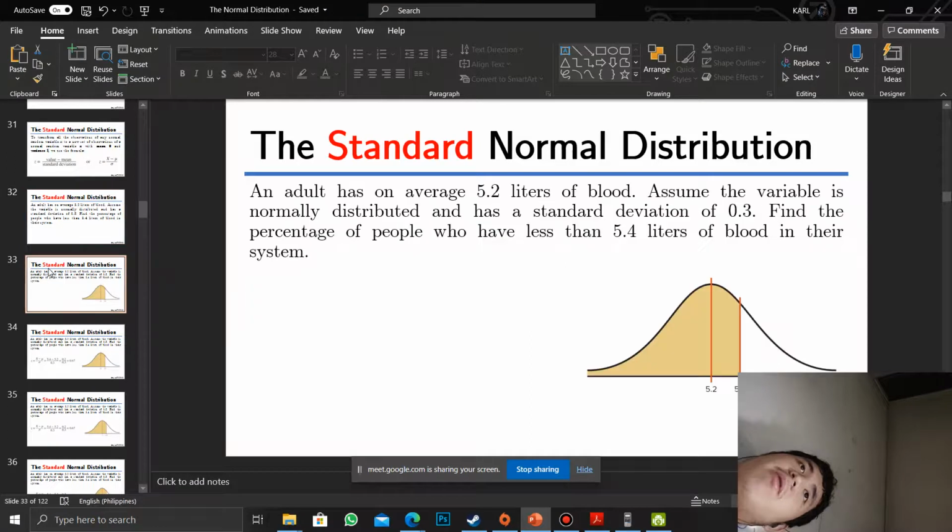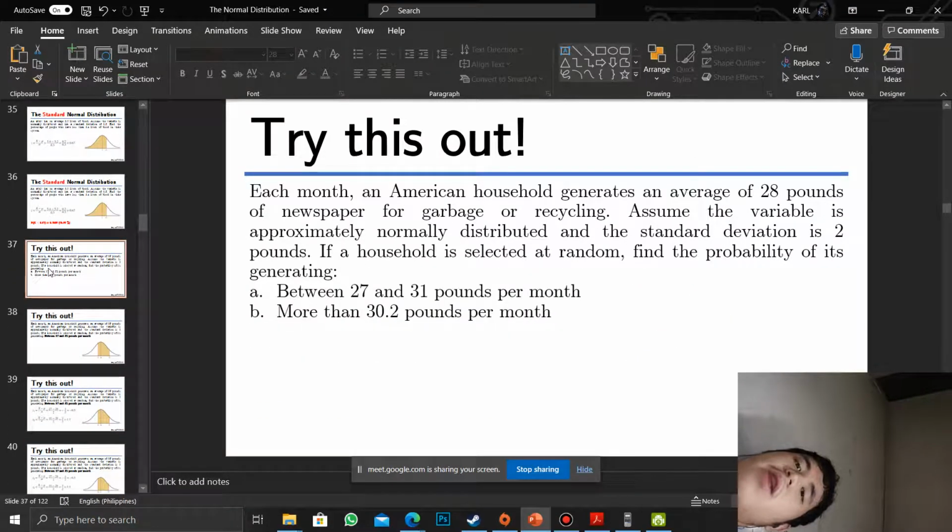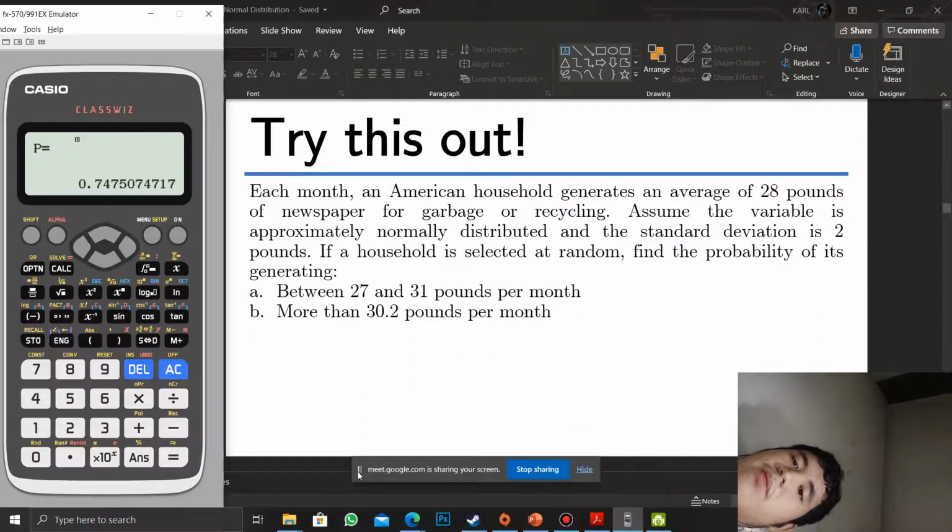Try ulit natin. Okay na, Erin? Nag-gets mo ba?